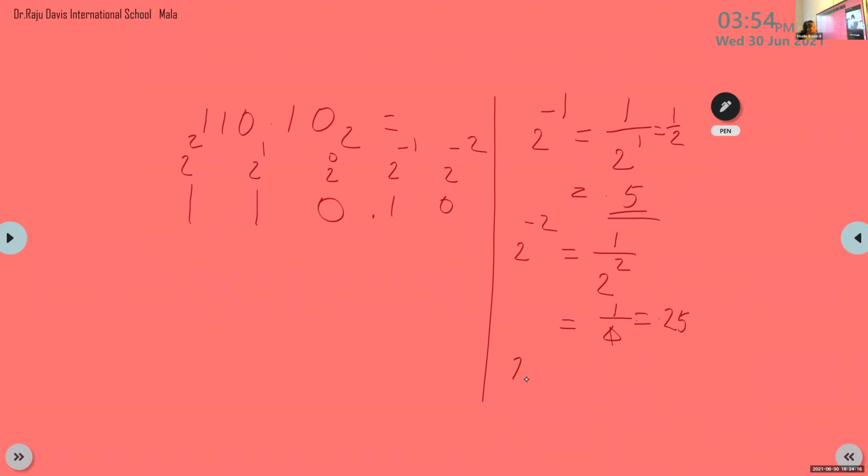Then, what is 2 raised to minus 3? It is 1 by 2 raised to 3. What is 1 by 2 raised to 3? 2 raised to 3 is 8. So 1 by 8. What is 1 by 8?